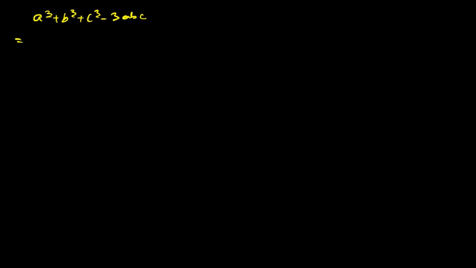So what I can do, I can simply use my old formulas here. Like for the first two terms, I'm just using the a plus b whole cube formula. So that means it is a plus b whole cube minus 3ab into a plus b, plus c cube minus 3abc.